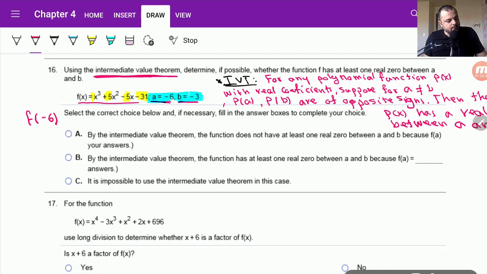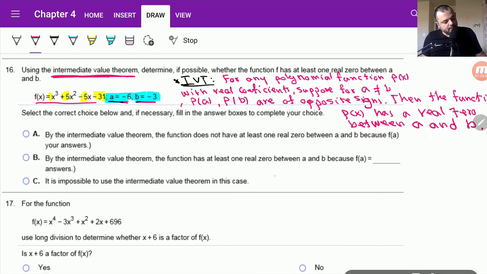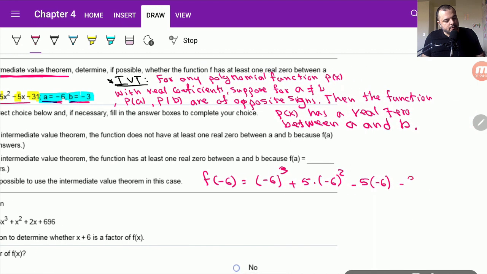F of -6 is equal to -6 cubed plus 5 times -6 squared minus 5 times -6 minus 31. So what is the answer? Let's calculate this. The answer is -78.